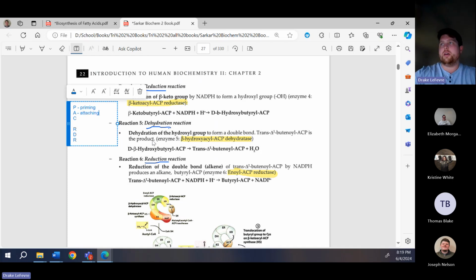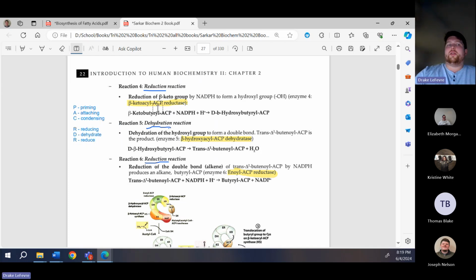Priming, attaching, condensing, reducing, dehydrate, reduce again. We're going to repeat those to do all the stuff that we want to do.